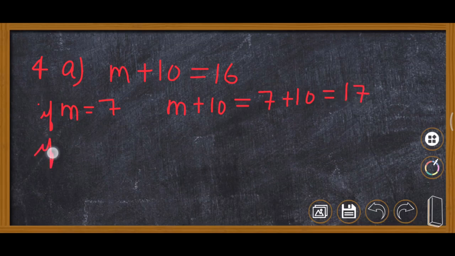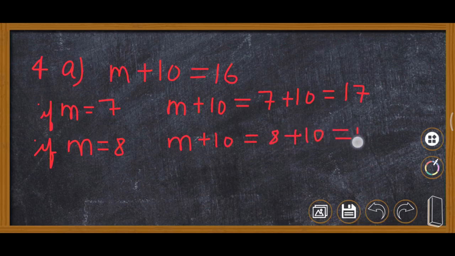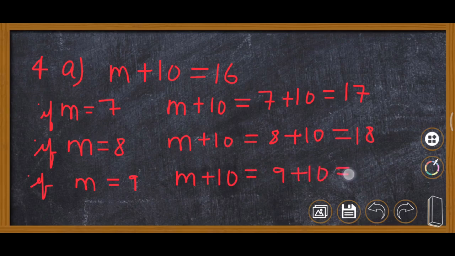If m equals 8, then m plus 10 is 8 plus 10, which is 18. If m equals 9, then m plus 10 is 9 plus 10, which is 19.